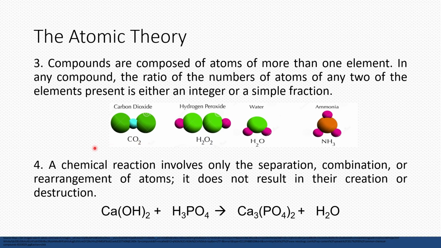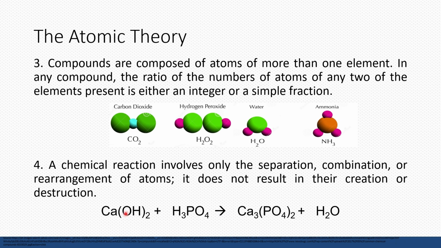Number four, a chemical reaction involves only separation, combination, or rearrangement. It does not result in creation or destruction. For example, in this chemical reaction wherein calcium hydroxide reacts with phosphoric acid, as you can see, if there is calcium on the reactant side, there's also calcium in the product side.